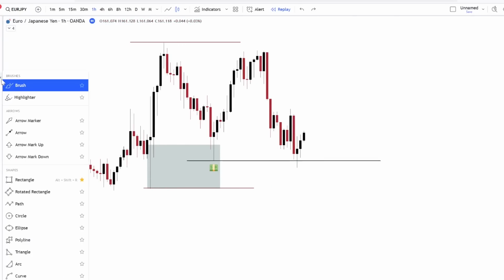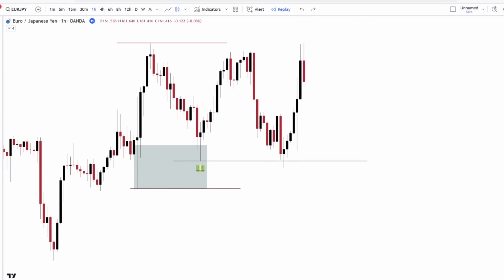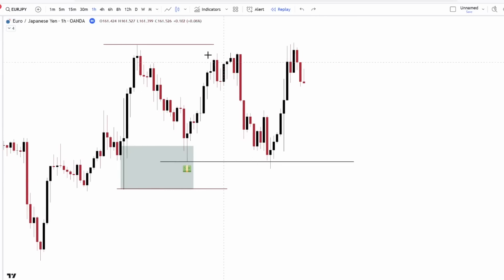So what happened? Price came below this level and quickly came back up for air. So what does this tell us? That the bullish trend will more than likely continue. And price broke structure, finally, to continue the bullish trend.